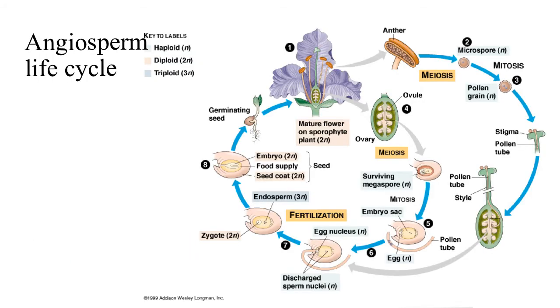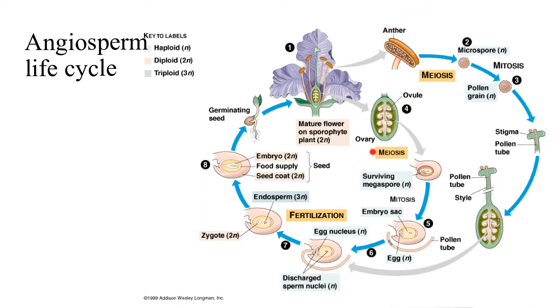Okay, so let's take a look at the angiosperm life cycle. We did just kind of talk about it. So here's our flower. This looks like an iris instead of a lily. And we have our anther that's going to be producing that sperm. So that's a male reproductive structure, the anther.